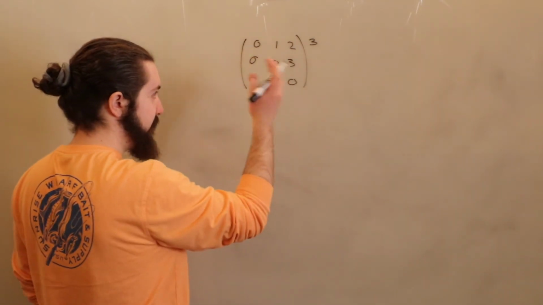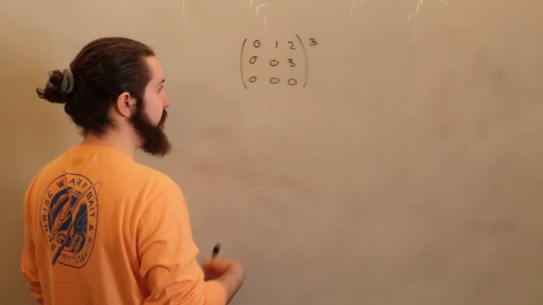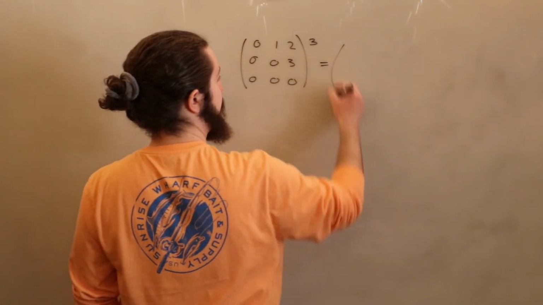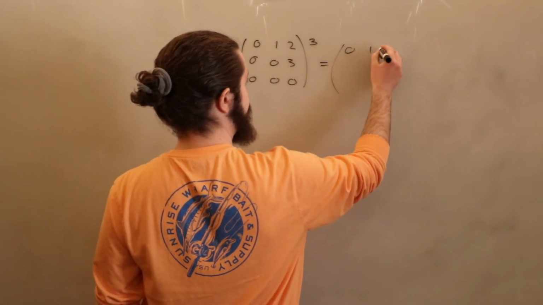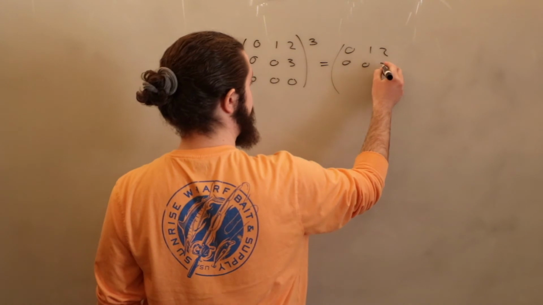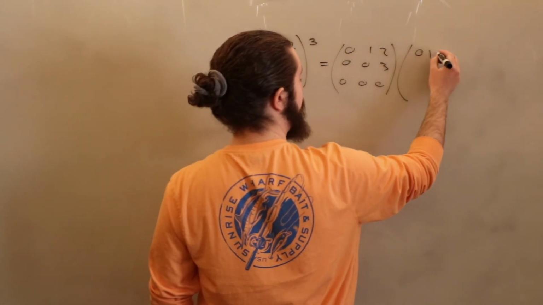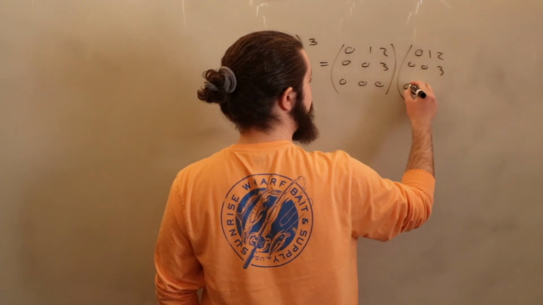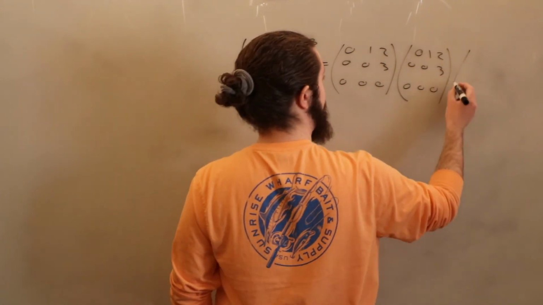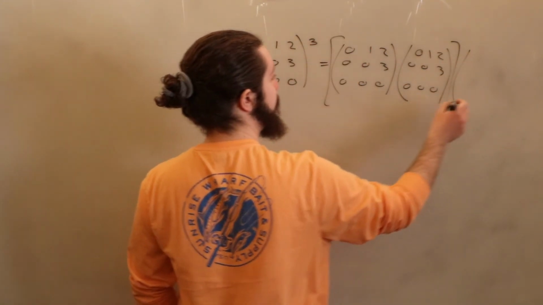Obviously this is not the zero matrix. We've got these three entries are non-zero. So this is just going to be 0, 1, 2, 0, 0, 3, 0, 0, 0 times 0, 1, 2, 0, 0, 3, 0, 0, 0 times, and let's do the first two together first.